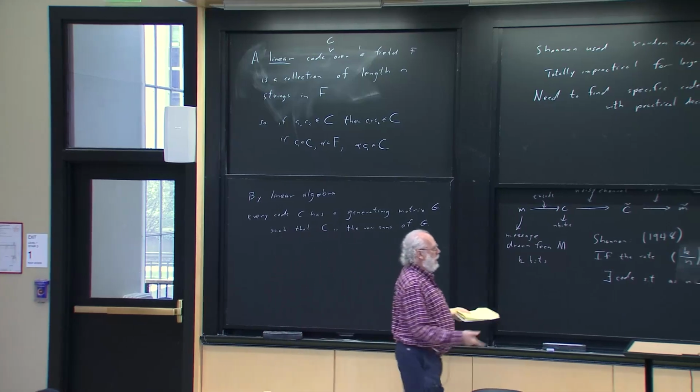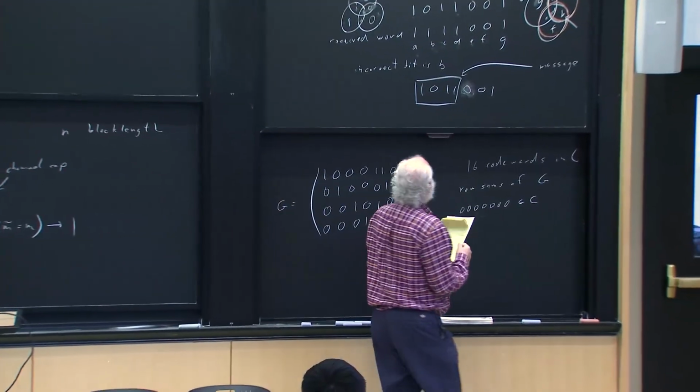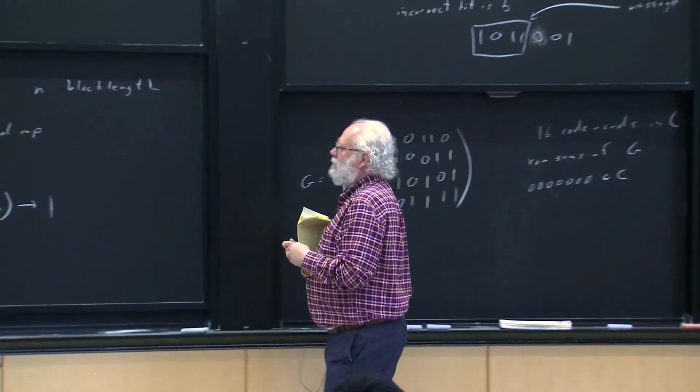So every linear code has the all zeros vector in it. Okay.